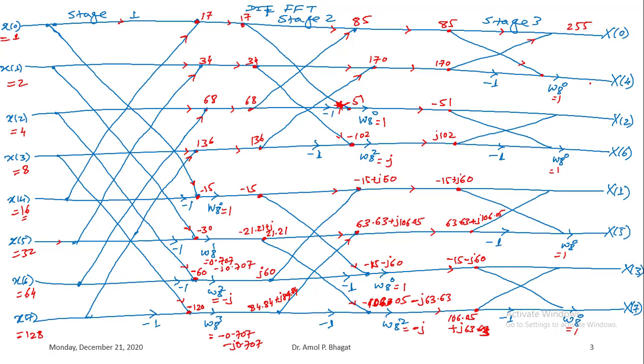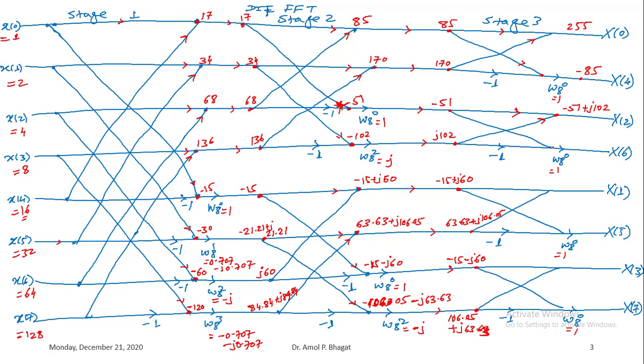It will get multiplied with this one. So here you will get output as minus 85. Here minus 51 is coming. Then plus J102, right? So minus 51 plus J102 will be there as an output.